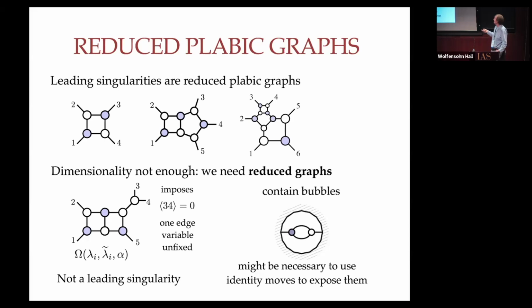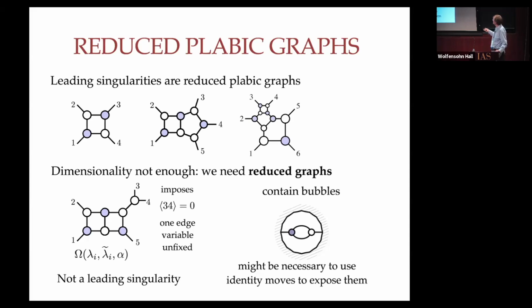Despite that, if you just count dimensionality, it has the correct dimensionality, which is 6. But here, if you calculate the form, it has one more extra alpha, one more parameter which is unfixed by this delta function, but at the same time it imposes a condition on 3 and 4. So there is a constraint on lambdas: lambda 3 and lambda 4 are proportional, this bracket is 0. But at the same time, one of the alphas was not solved for.